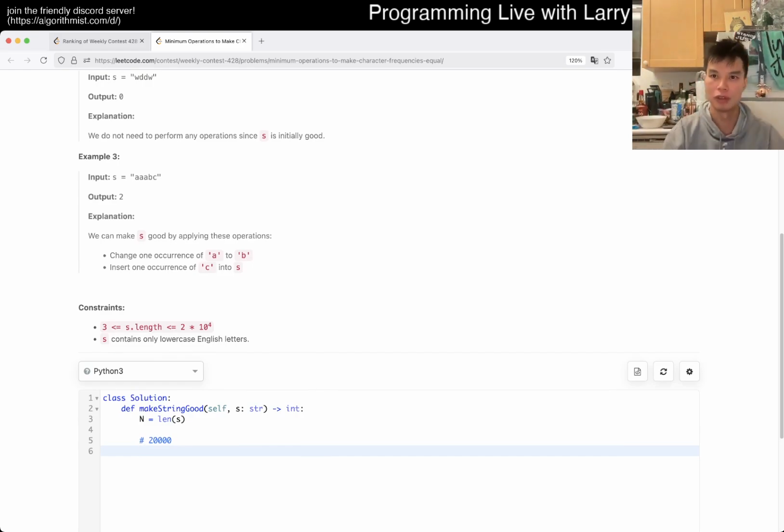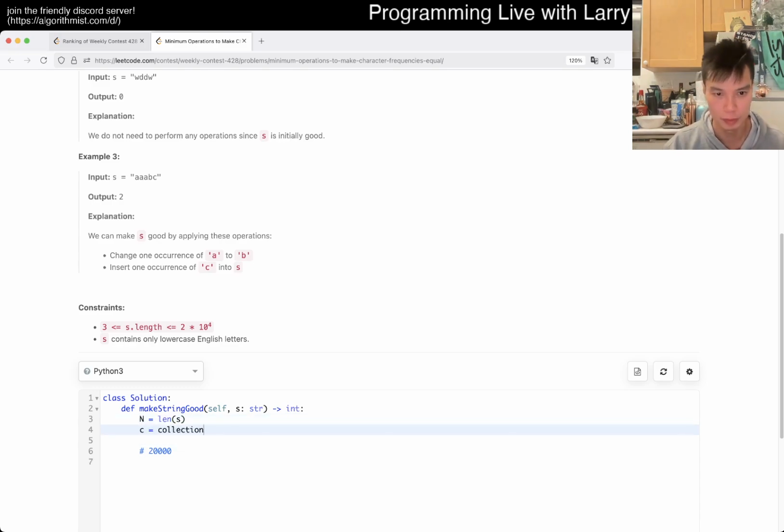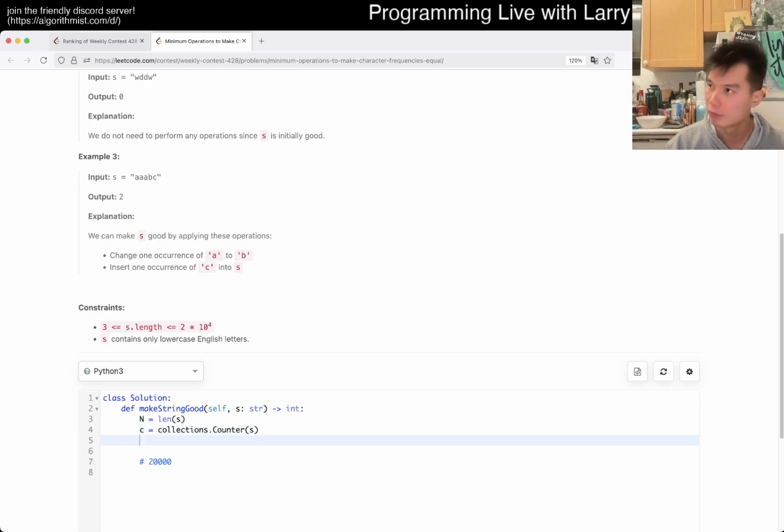Okay, so let's see. We never want to, okay, so yes, so counter of S, right? And then mx is equal to C dot values, so max of this. So this has 26 things, right?